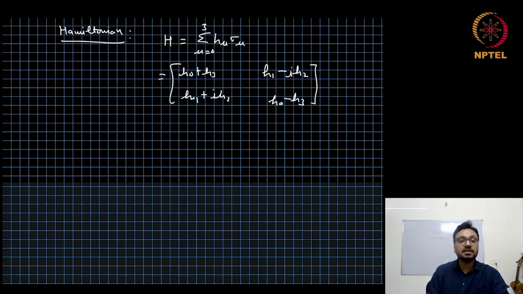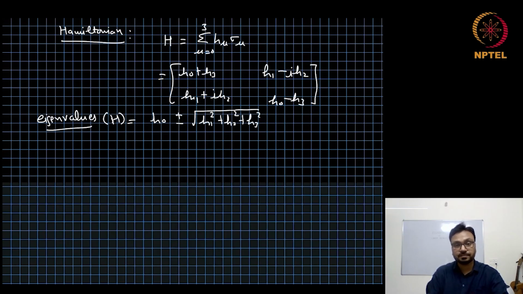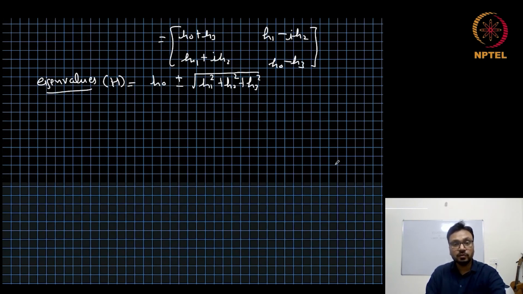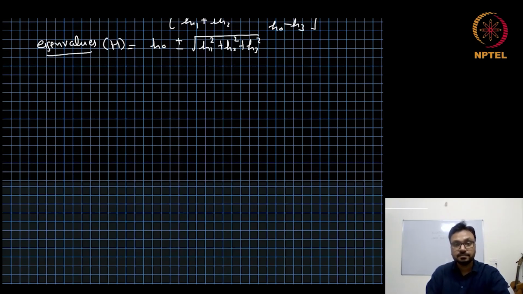Now we are interested in the eigenvalues of the Hamiltonian that will tell us the energy levels of the system. So the eigenvalues of H can be calculated and turn out to be H0 plus or minus the root of H1 square plus H2 square plus H3 square. So it means we have two energy levels.